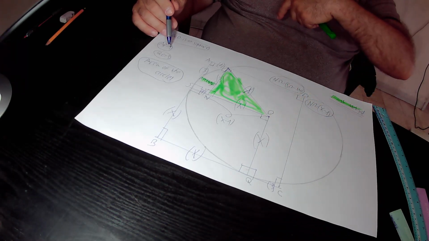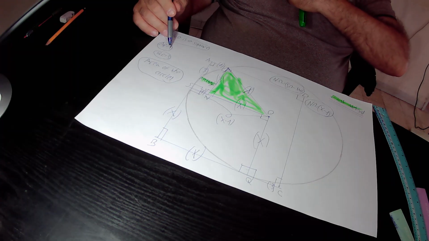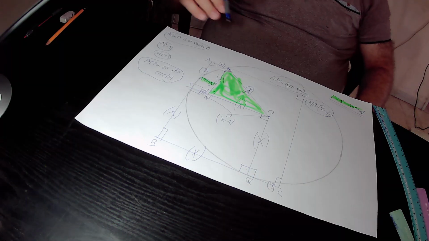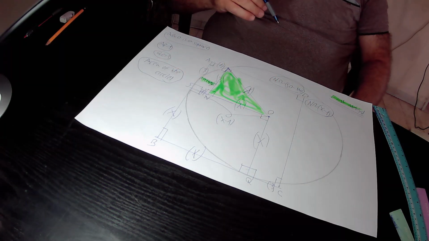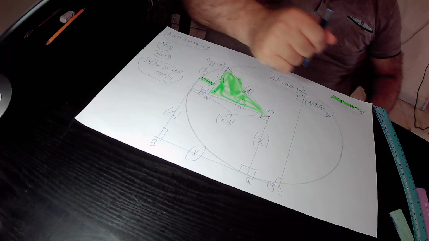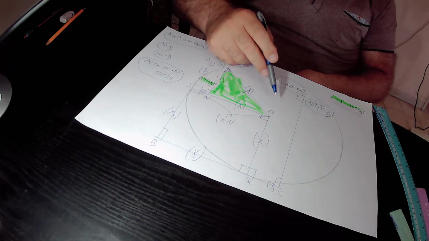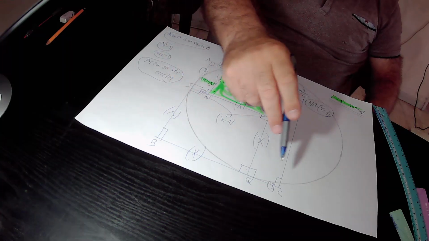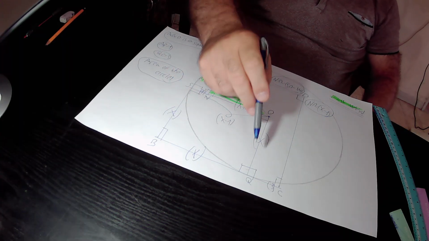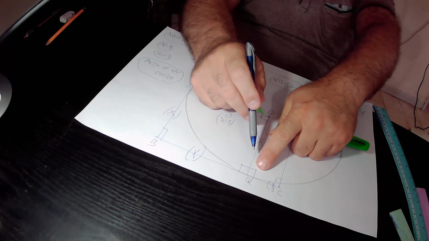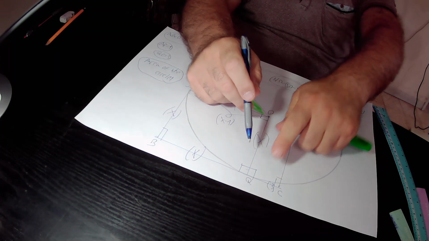OQ is the radius of the circle, that is equal to x. The radius OQ is drawn to point Q, that is the point of tangency of tangent BC with this circle. Then tangent BC will be perpendicular to the radius QO. If BC is perpendicular to QO, it means that this angle equals 90 degrees, and this angle also equals 90 degrees according to the same rule, rule 1.